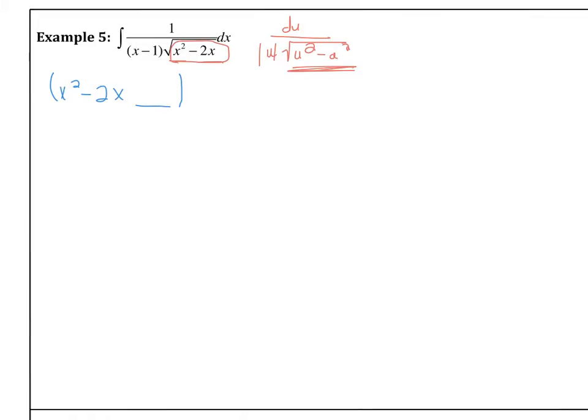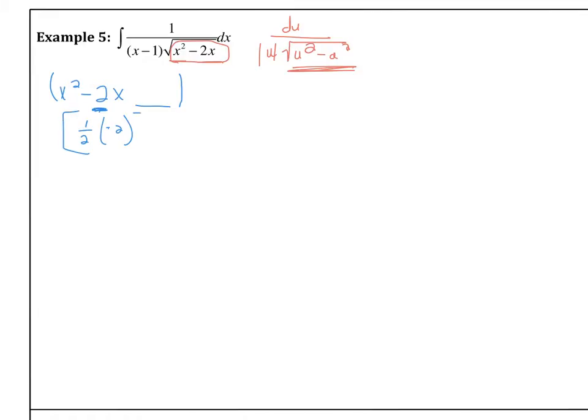The way that we calculate what goes there is that we take half of our b term, our middle term, and square it. So half of -2 is -1, and then we square it.